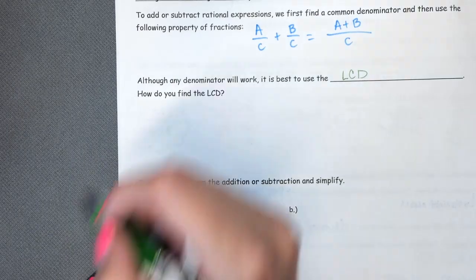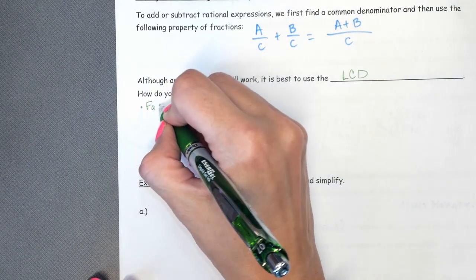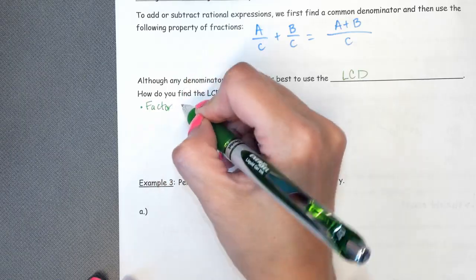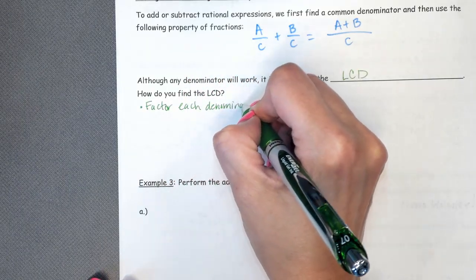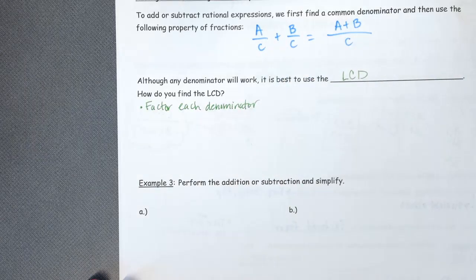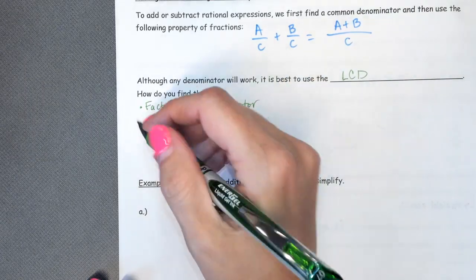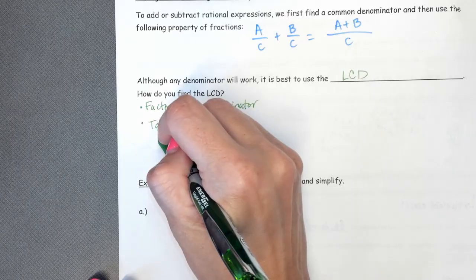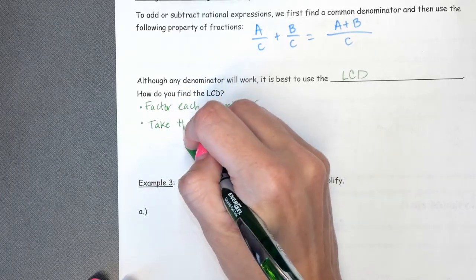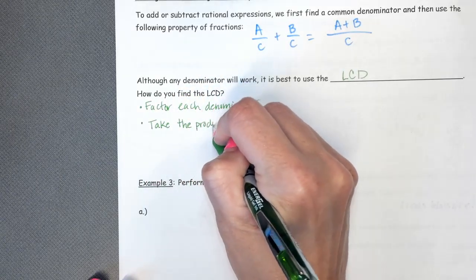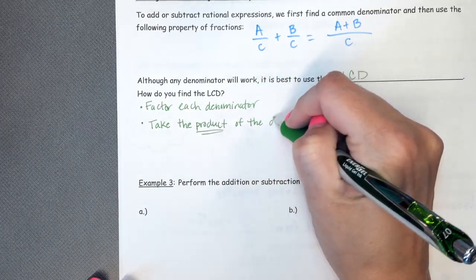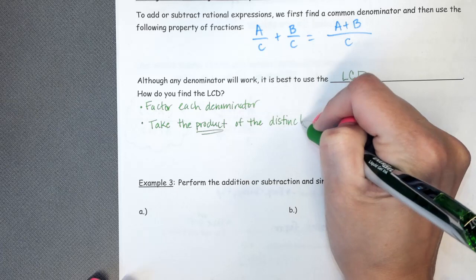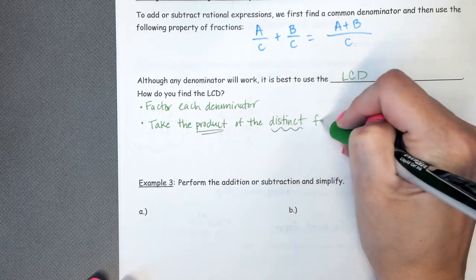To find that, you want to start by factoring each denominator so that you can see what the factors are, and then we take the product of the distinct factors.